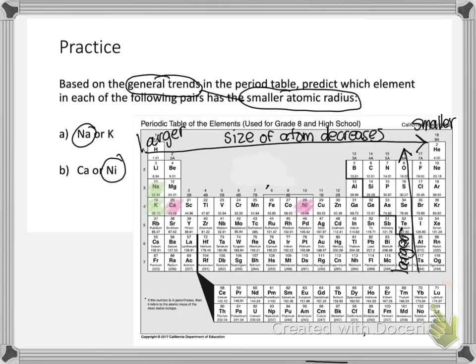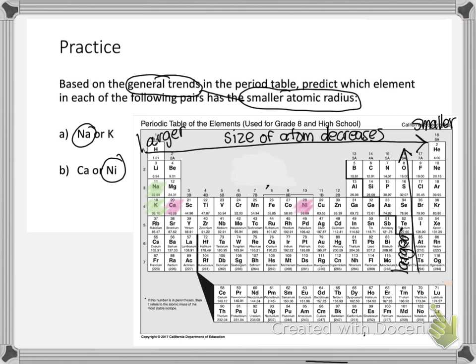I know they didn't show nickel and it said the transition elements have exceptions, but if we're just asked to use the general trend, we're not going to worry about that. We're going to say, okay, calcium is further to the left on that period, and so calcium would be larger than nickel. That's how we're going to predict.